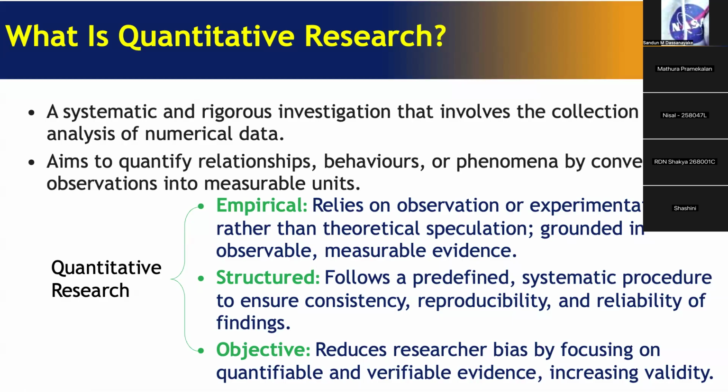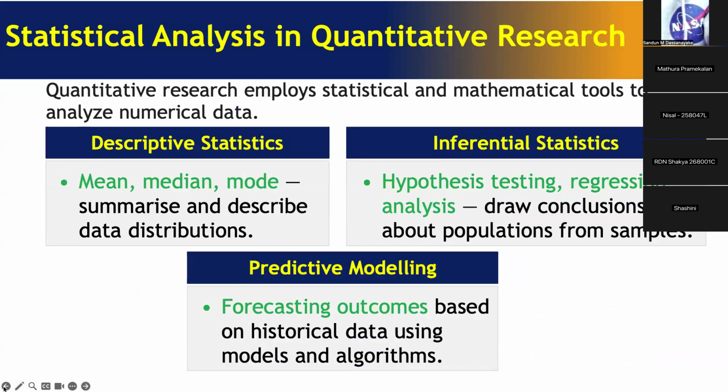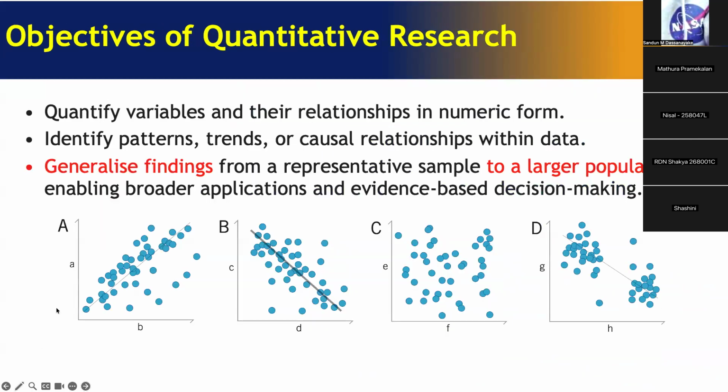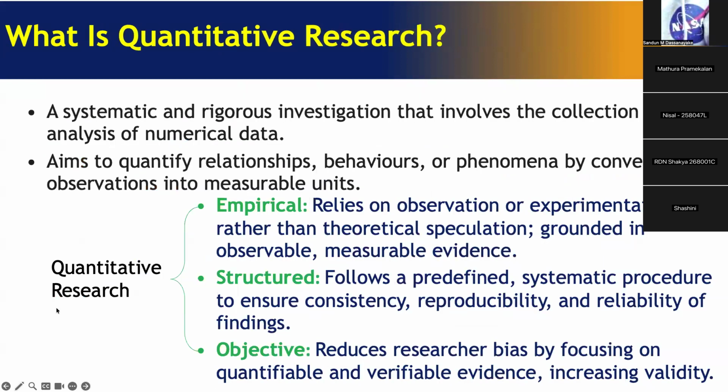But in my opinion, if you argue philosophically, it's a very difficult situation to say what is objective, because if you think about an objective mechanism, then you cannot totally negate the researcher's understanding of the phenomena.